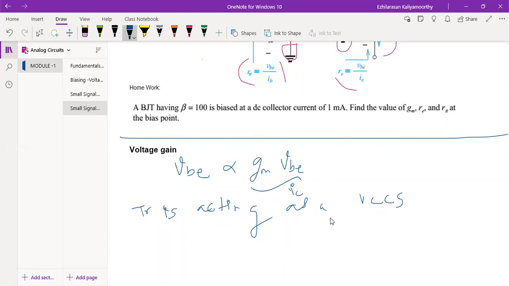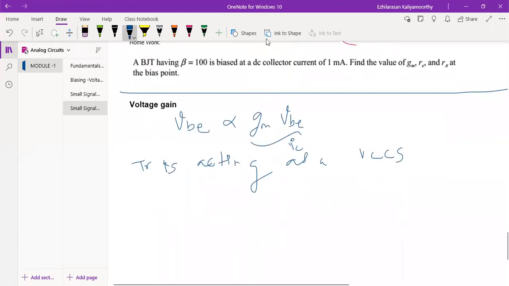To obtain a voltage signal, we need to force this current to flow through a resistor. So now, to calculate the collector voltage, let us do some derivation to calculate the total collector voltage and to find the voltage gain.